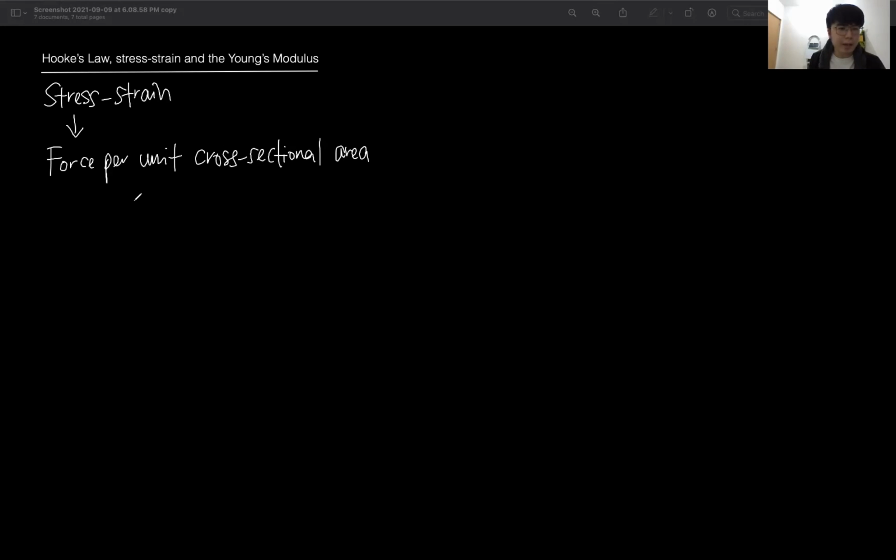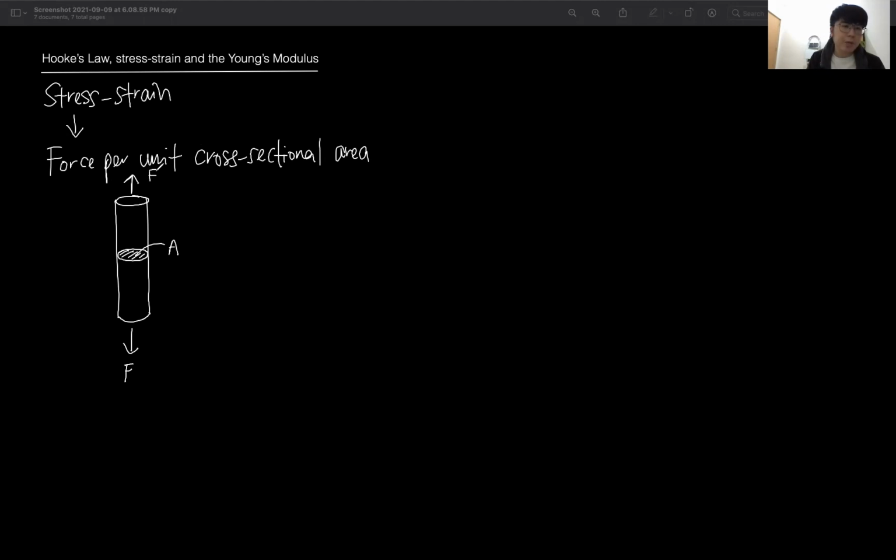So let's say you have a steel rod. I apply tension. Tension is what? Stretching, right? So tension: force here, force here. Now, when I apply tension, stretch it, this cross-sectional area over here, if you take the tensile force divided by the area, then you get the stress applied on the material.